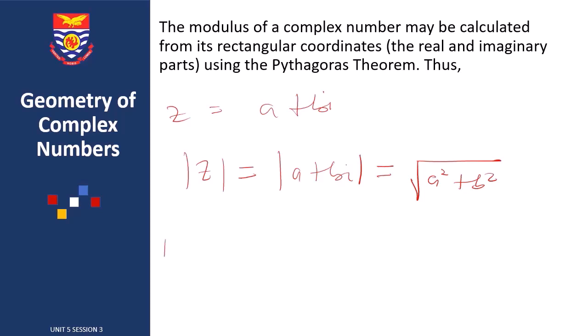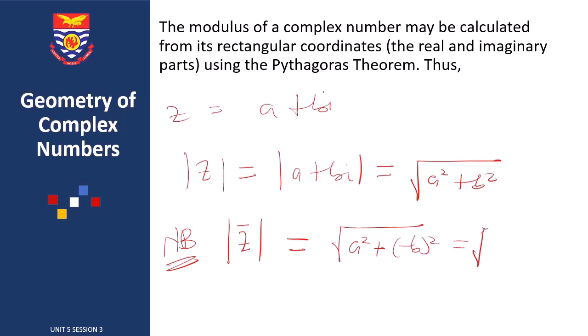Also note that the modulus of the conjugate of z is the square root of a squared plus negative b squared, which gives the same thing: a squared plus b squared. So the modulus of z conjugate is equal to the modulus of z. That's very interesting.